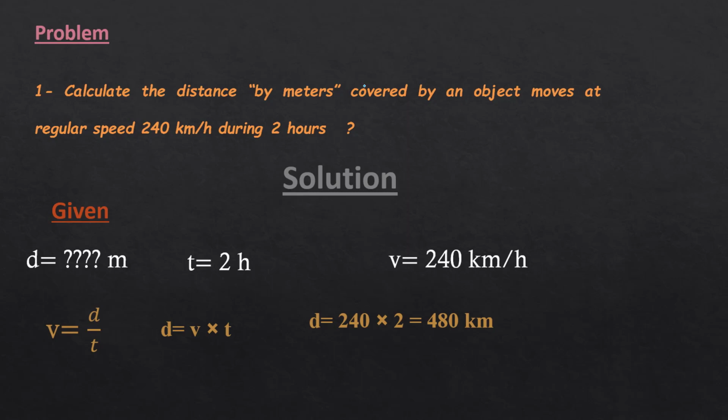But he told me he needs the distance in meters, so we have to convert this result to meters by multiplying it by 1000, like this. So the final result is 480,000 meters. Now we finished this part. In the next video we're gonna learn more about the irregular speed and the relative speed.